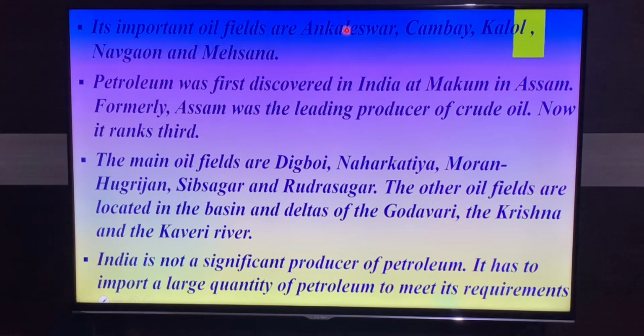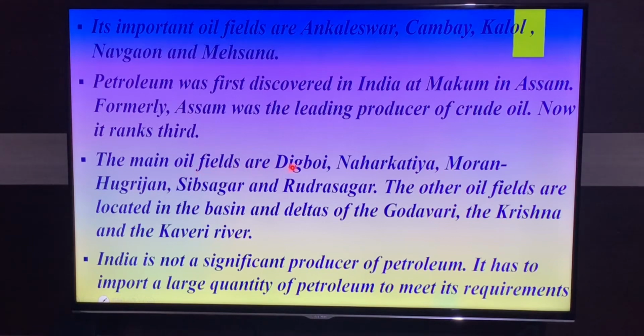Oil fields are located in Ankleshwar, Kambe, Kalol, Nagaon. Petroleum was first discovered in India at Makum in Assam. In the beginning, Assam was a leading producer of crude oil, but now it ranks third.